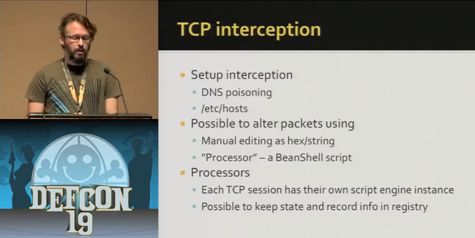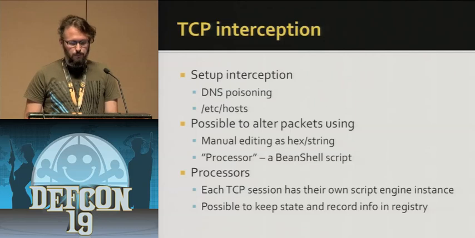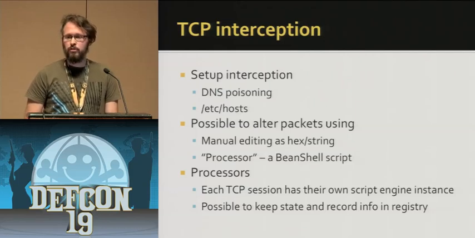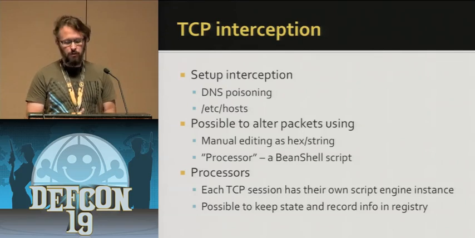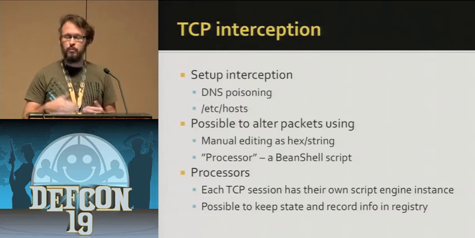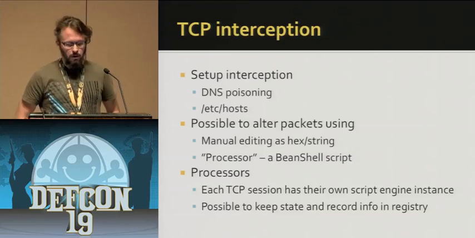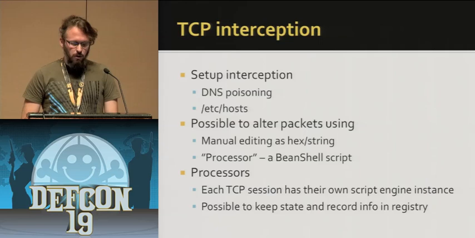So, TCP interception. We provide the possibility to intercept TCP traffic within this project, in two ways. One is manual interception, where you intercept the packets and get an editor where you can edit the packet. We also have a scripted possibility, where you have different processors.